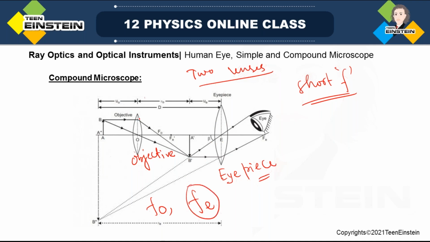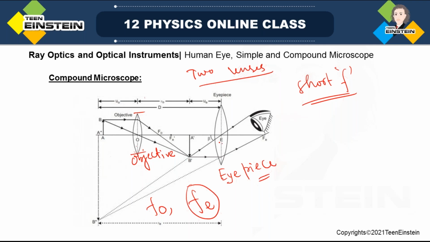One more point is that the aperture of the objective is very small, whereas the aperture of the eyepiece is large. You can see from this figure itself. Aperture means simply the length of the lens. So this objective lens has a smaller aperture than the eyepiece.